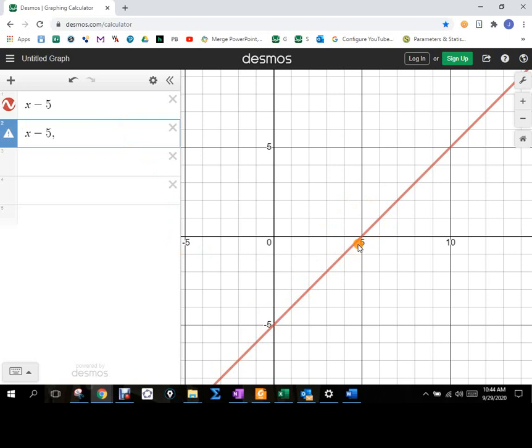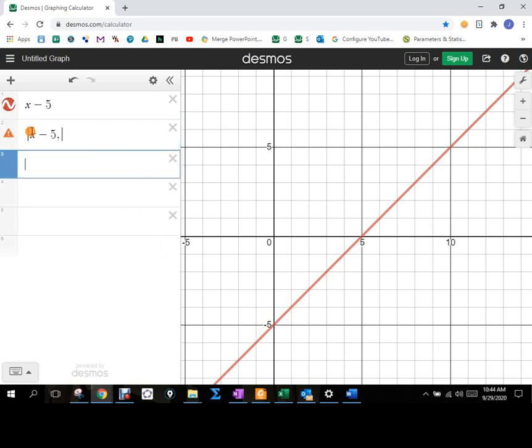But would you guys agree that everywhere I put my cursor, those would be negative y values? So when I throw the absolute value around this, do you see how it leaves the y values that were positive where they were, but it reflects these negative ones across the y-axis, or sorry, the x-axis?